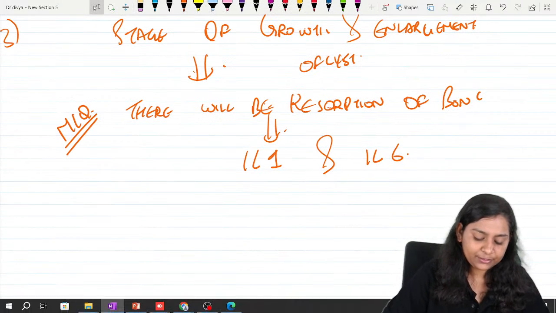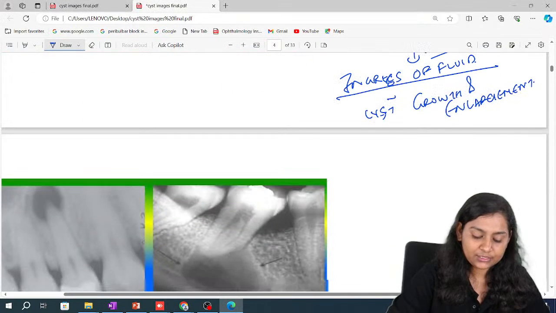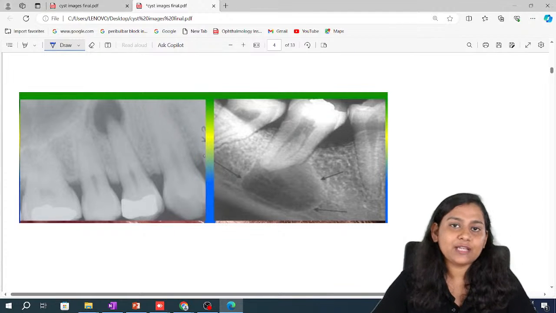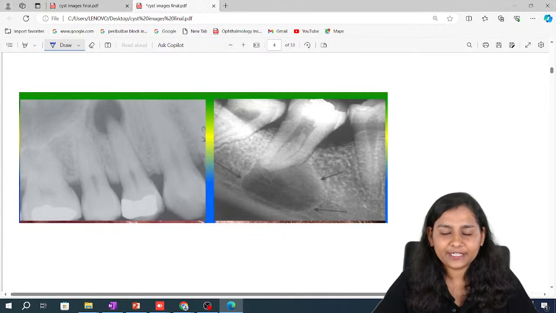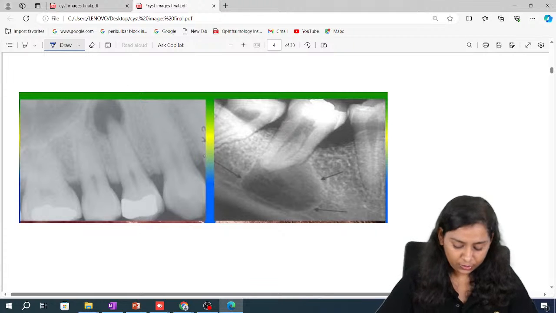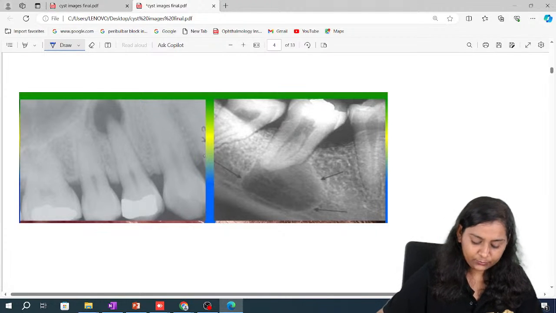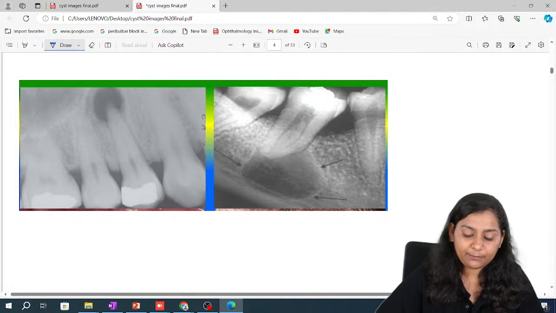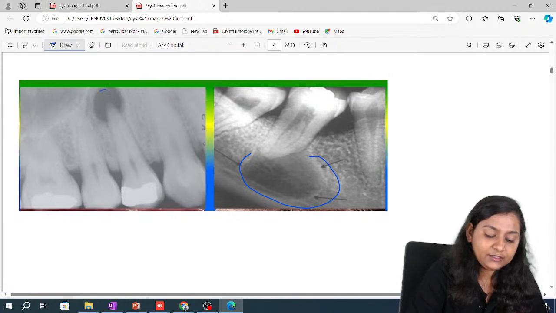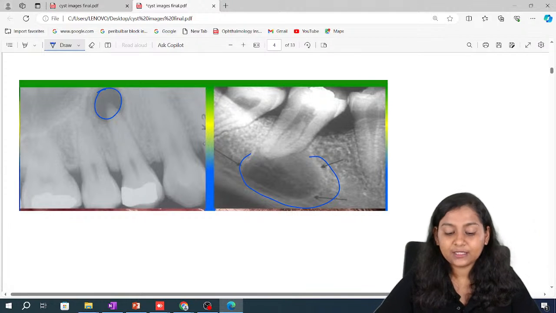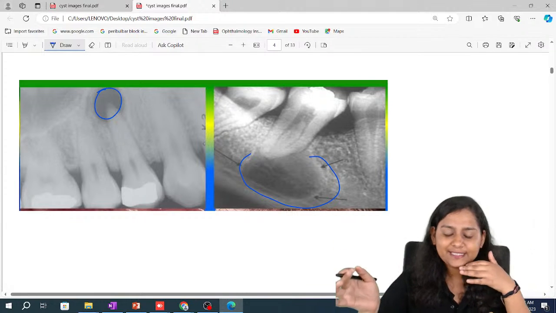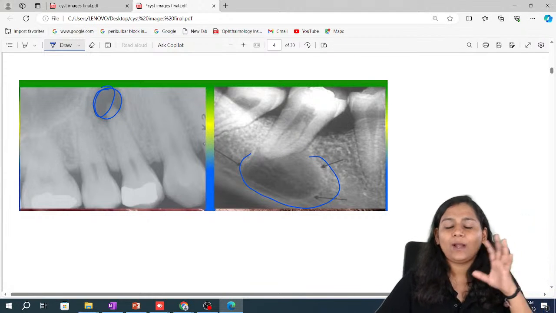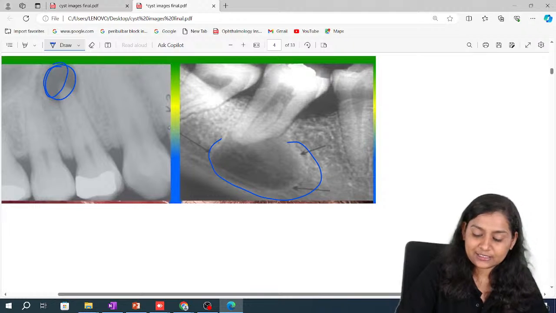Now coming to the radiograph of the radicular cyst. Radiographically it is seen as a well-defined radiolucency associated with a non-vital tooth. In both radiographic images, there is a well-defined radiolucency. Based on radiograph, periapical granuloma is smaller in size, while cyst is larger in size.